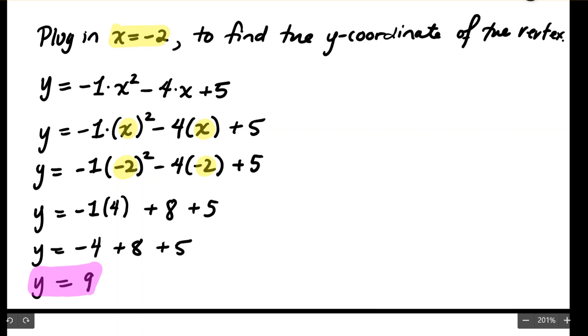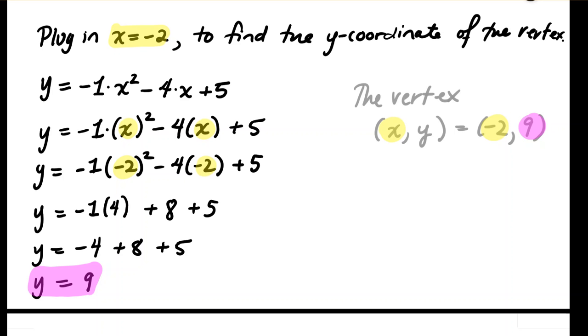So putting this together, we have the vertex, this x comma y, is minus 2 comma 9. And then we have to say whether or not this opens up or down. Because a is minus 1, we know that the parabola is opening down.